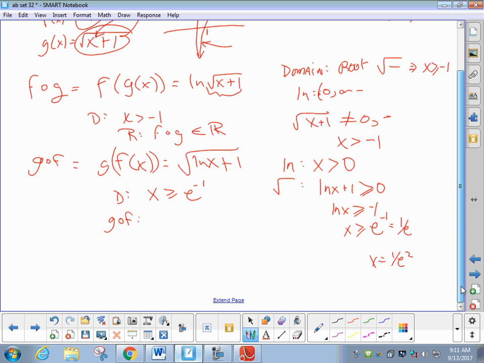If I put in e to the negative 1, which is allowed, I get negative 1 plus 1. It is 0. So what's the least y I get? 0. g of f is greater than or equal to 0. And that might have been the hardest problem on this set. That was tough. Okay? You follow? That was tough. I mean, that's not just me saying. I thought that was hard.